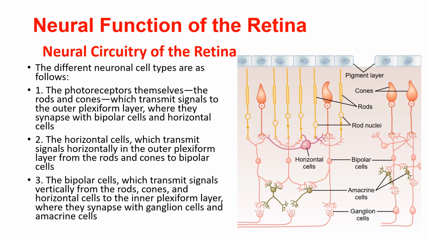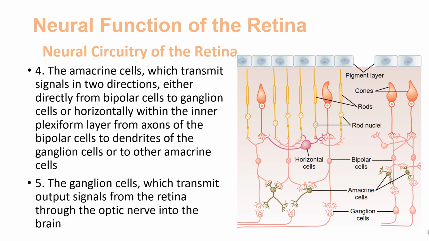1. The photoreceptors themselves, the rods and cones, which transmit signals to the outer plexiform layer, where they synapse with bipolar cells and horizontal cells. 2. The horizontal cells, which transmit signals horizontally in the outer plexiform layer from the rods and cones to bipolar cells. 3. The bipolar cells, which transmit signals vertically from the rods, cones, and horizontal cells to the inner plexiform layer, where they synapse with ganglion cells and amacrine cells. 4.